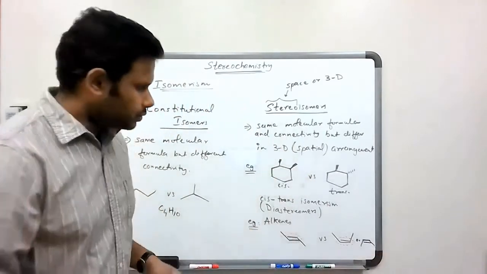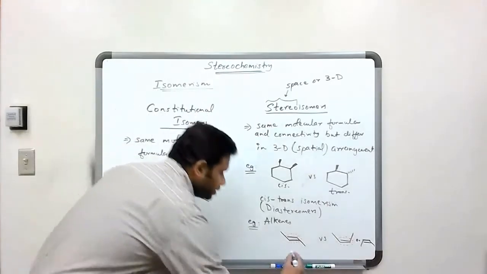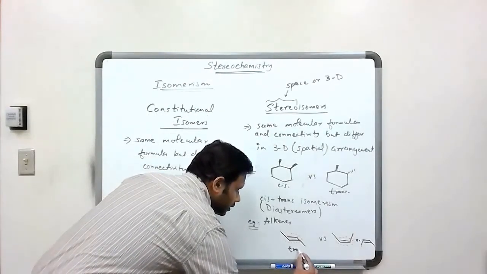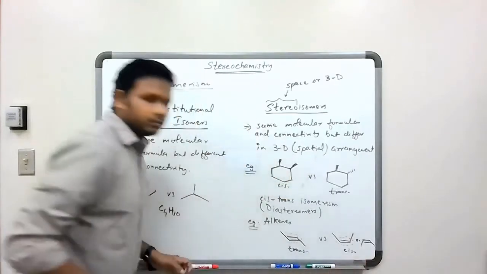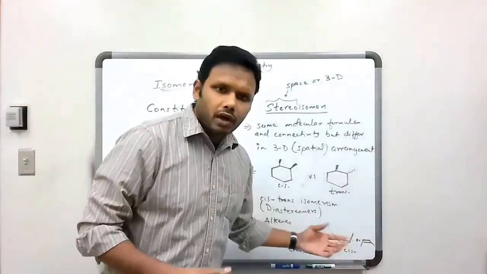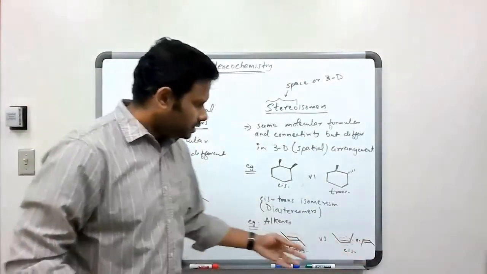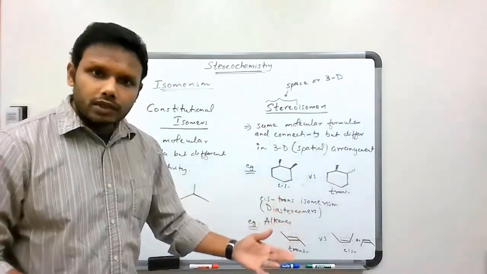Since the groups point in opposite directions, this would be a trans isomer, and these would be the cis isomers. In fact, these two are the same molecule, whichever one you draw. So one is trans and one is cis.